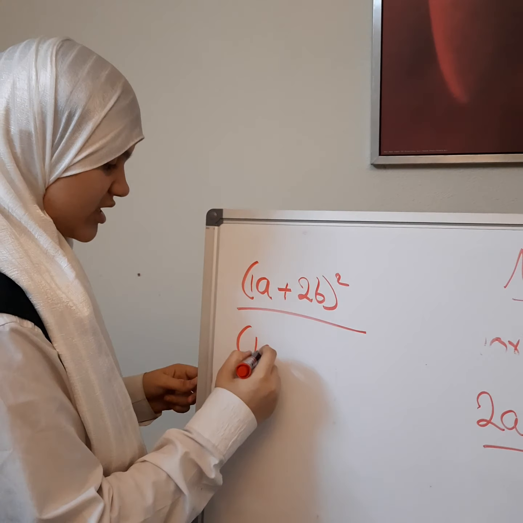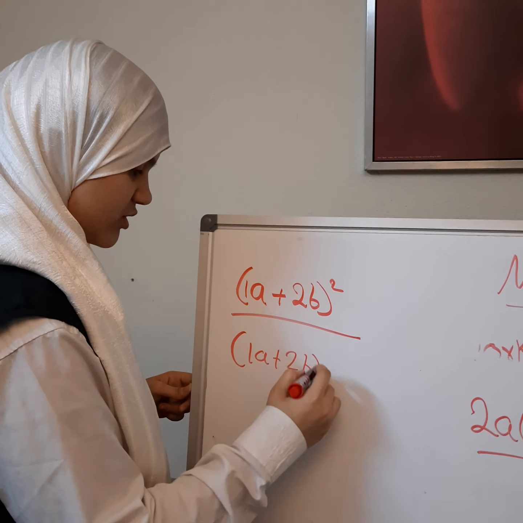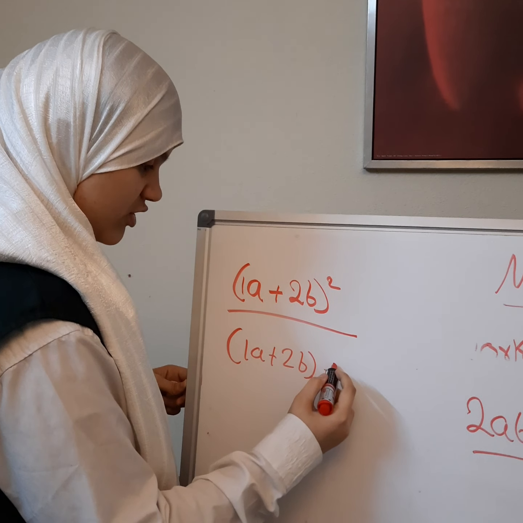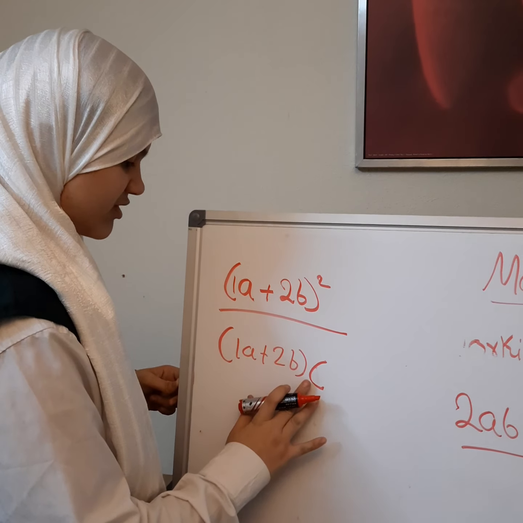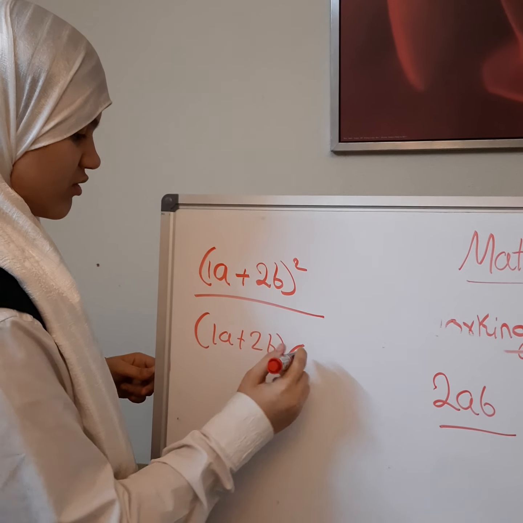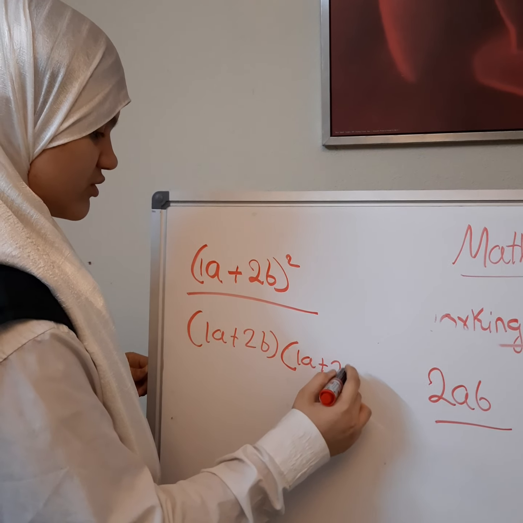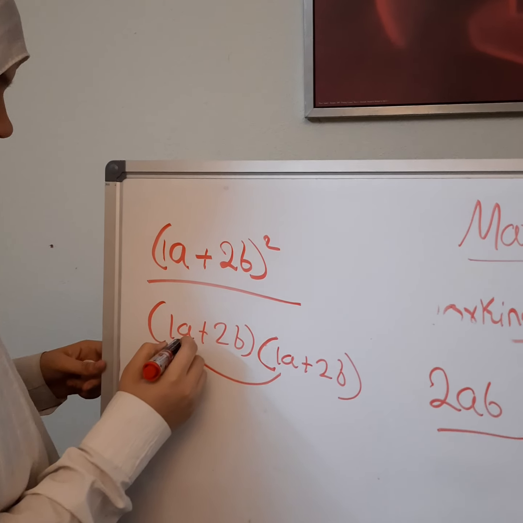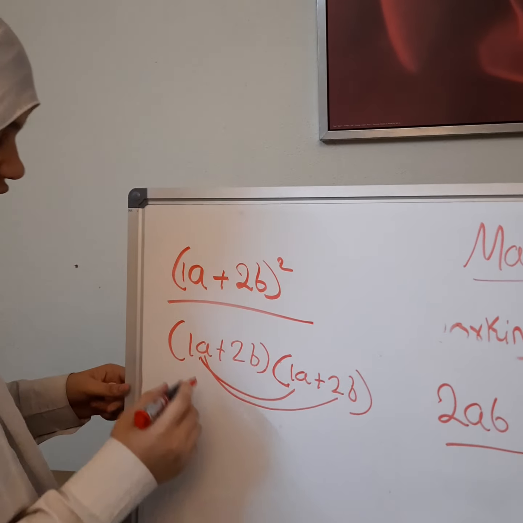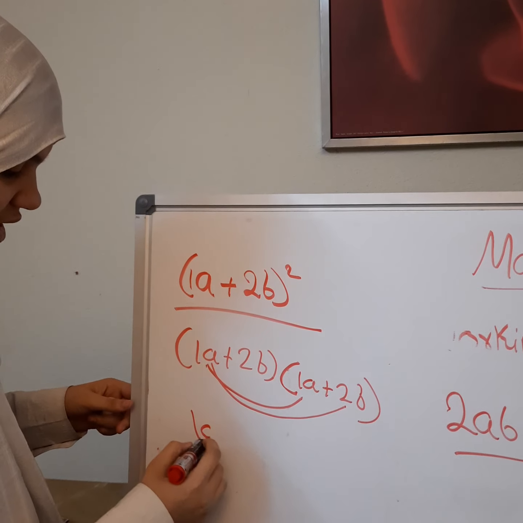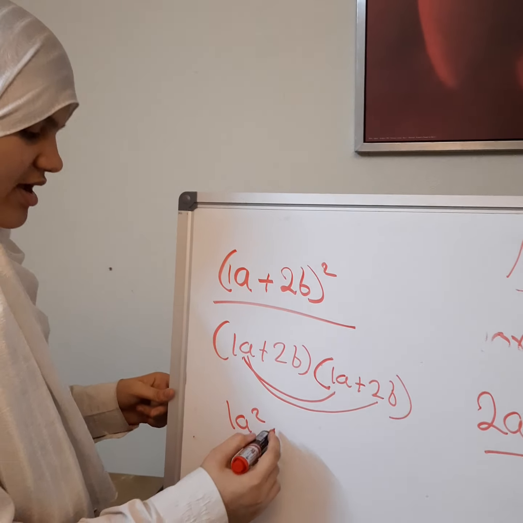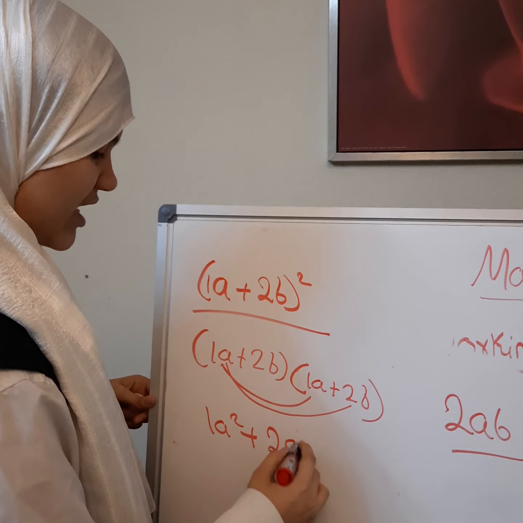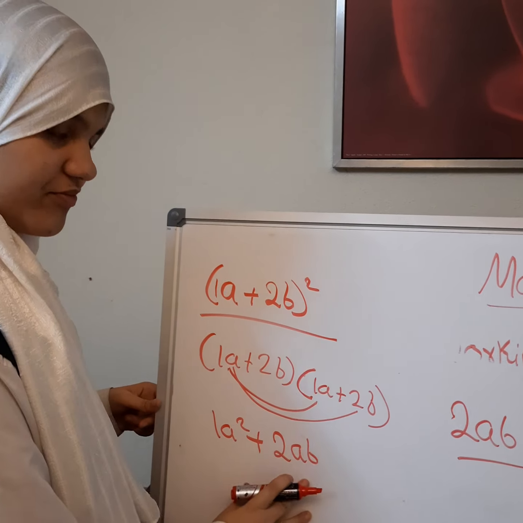That means (1A + 2B) times another bracket (1A + 2B). That means 1A times 1A and 1A times 2B. 1A times 1A will be 1A squared. Then plus 1A times 2B, 2AB only.